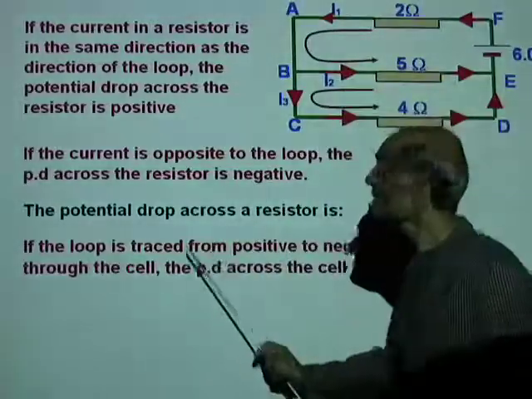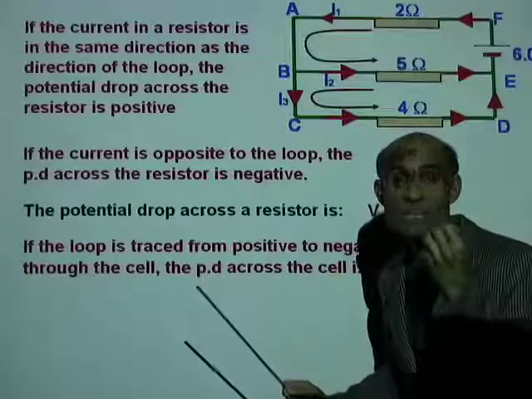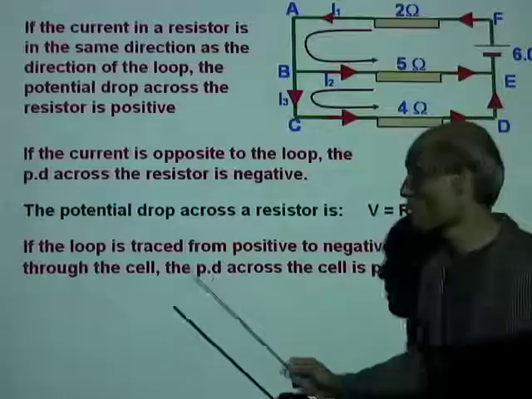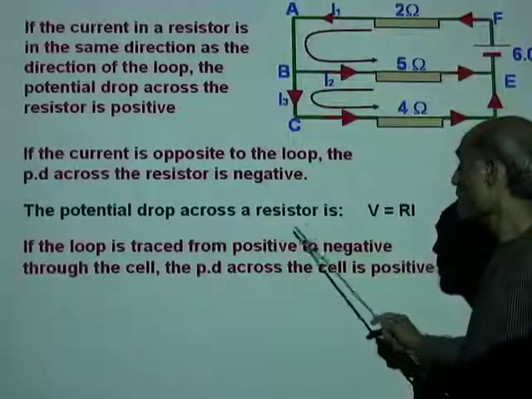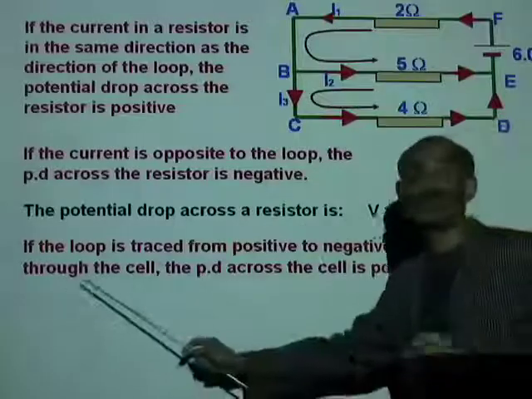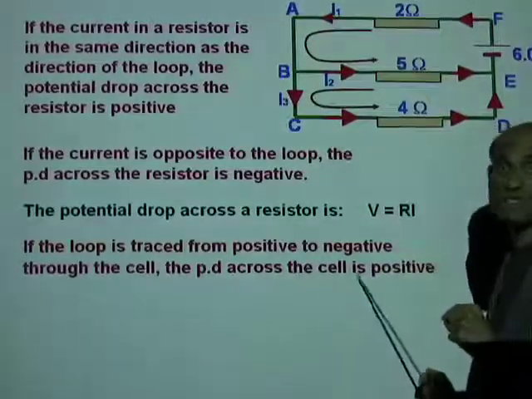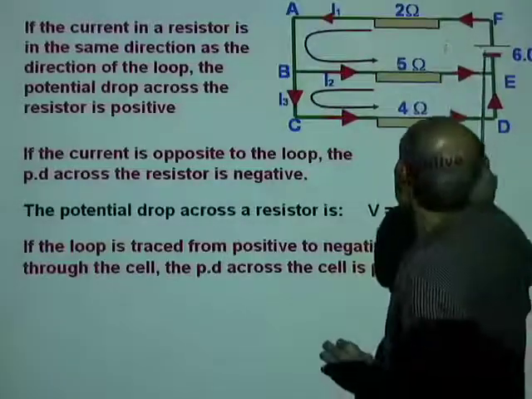Now, look at the convention we are going to use to see if the potential drop across a cell is positive. If the loop is traced from positive to negative through the cell, the potential drop across the cell is positive.